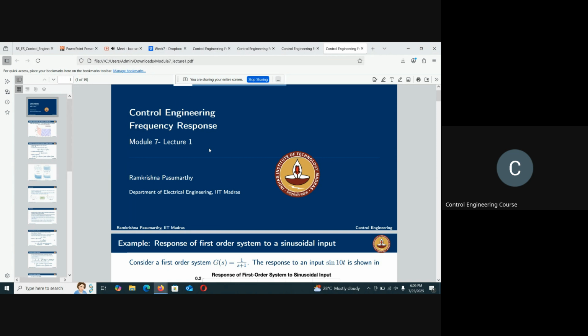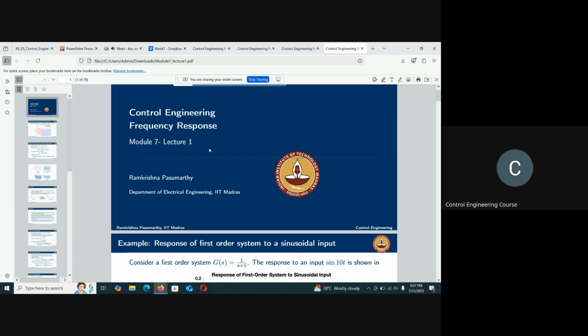It turns out that for a linear time invariant system, if you give a sinusoidal input of frequency omega, the output will also be a sinusoid at the same frequency omega. The only things that can change are the magnitude and phase.